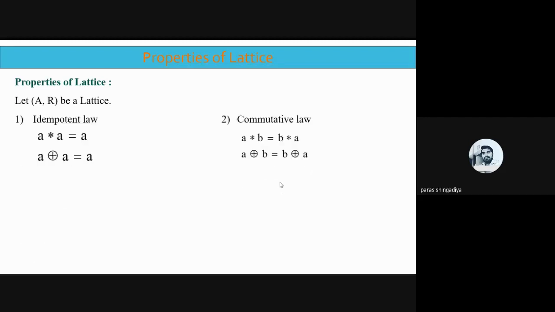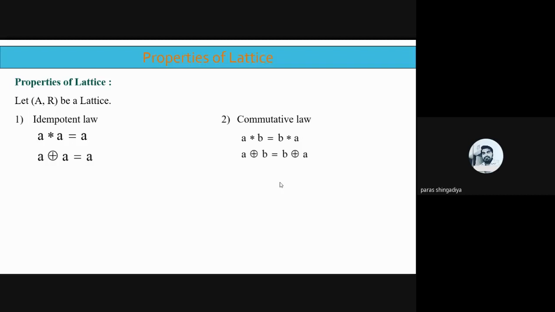So the next topic is the properties of lattices, and by using these properties, we define lattice as an algebraic system. These are the algebraic properties, such laws, which we have to use to define lattice as an algebraic system.